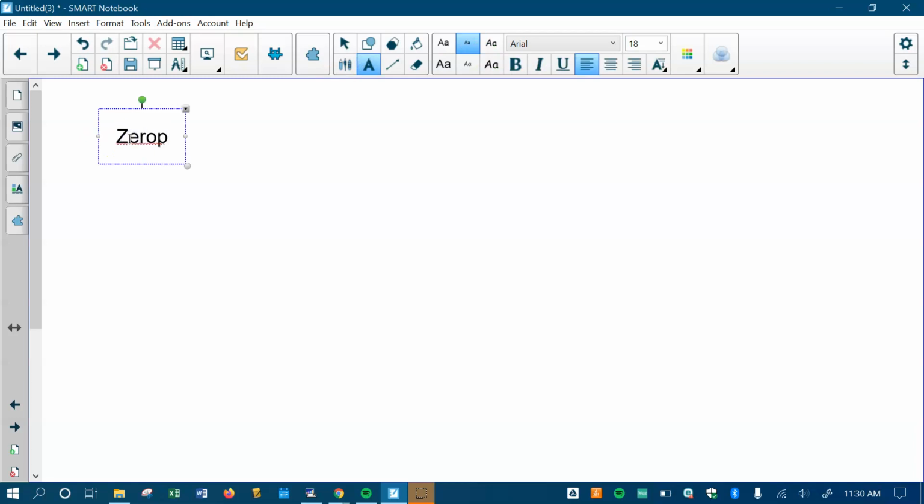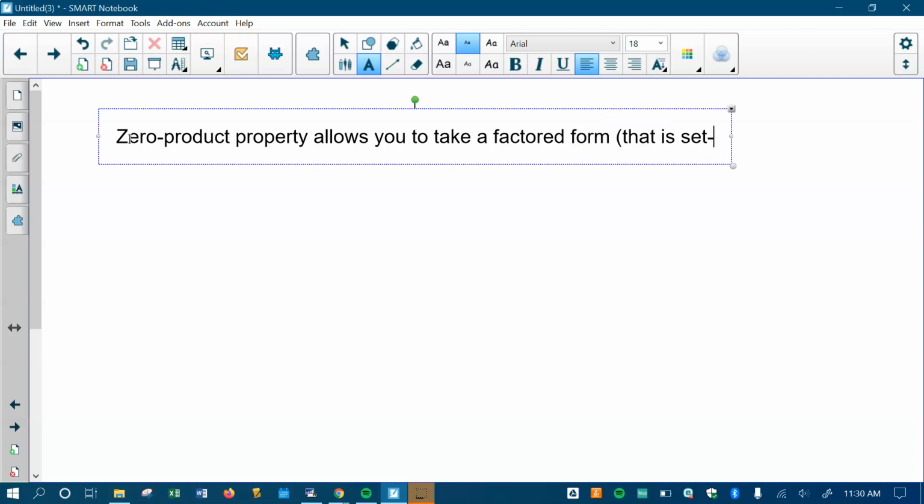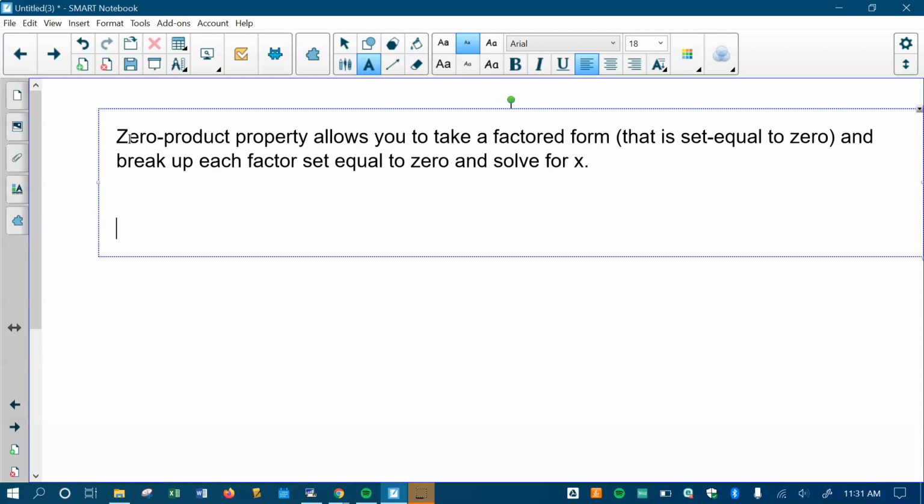The zero product property allows you to take a factored form that is set equal to 0 and break up each factor to solve for x. Each factor is set equal to 0 and solve for x. So again, if I had 3x minus 5 and x plus 2, and in this scenario we had equals 0.